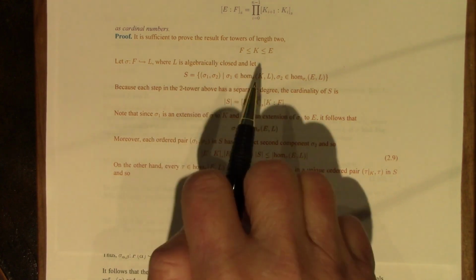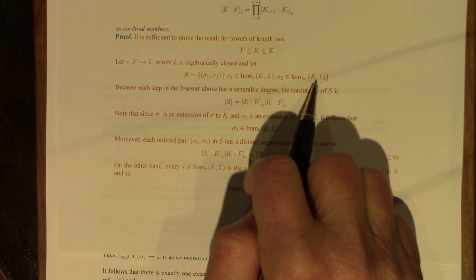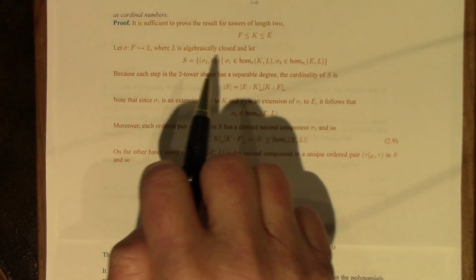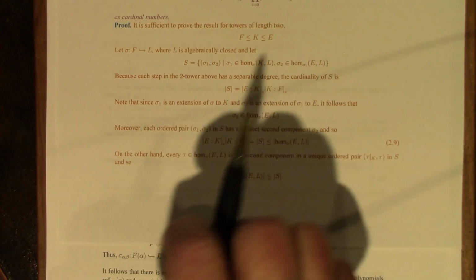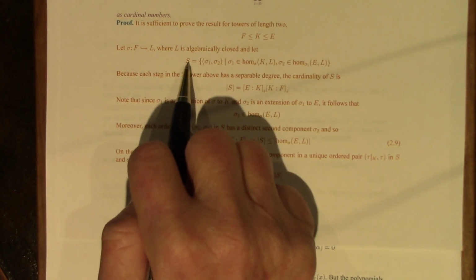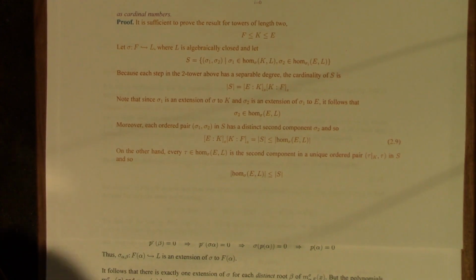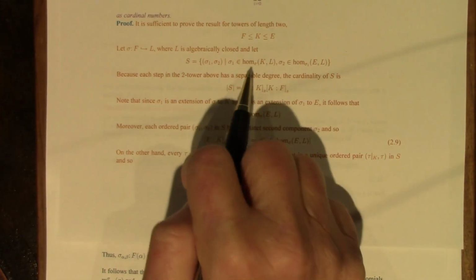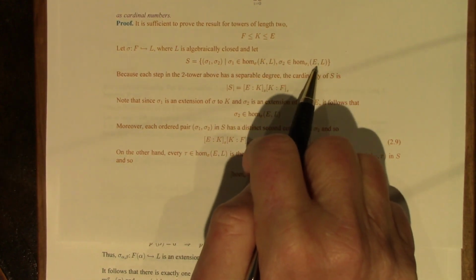First extend sigma to K, then extend the result to E. We are assuming that each step in this tower has a separable degree. And so the cardinality of this set S of ordered pairs would be the cardinality of this set times the cardinality of this set.